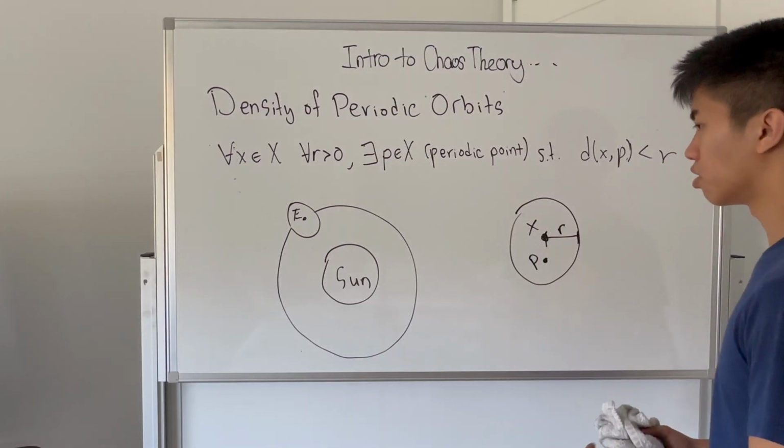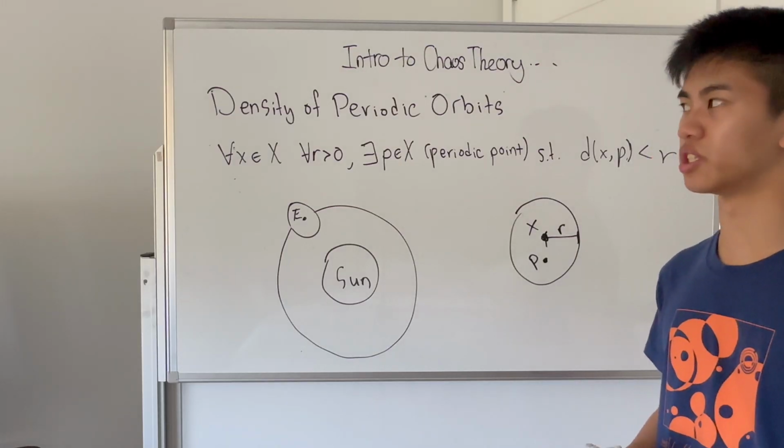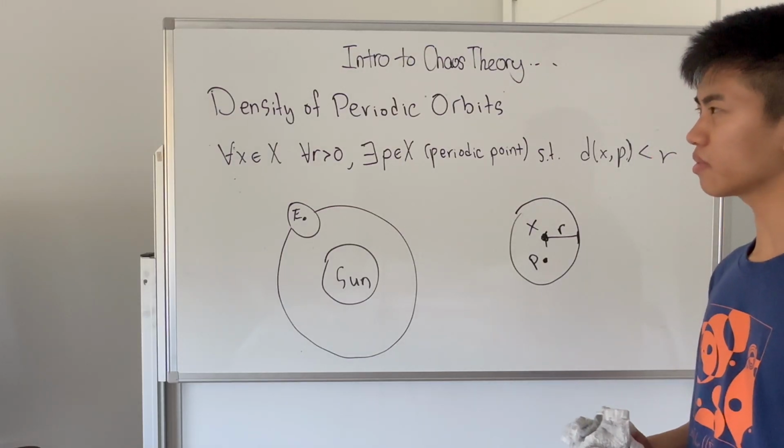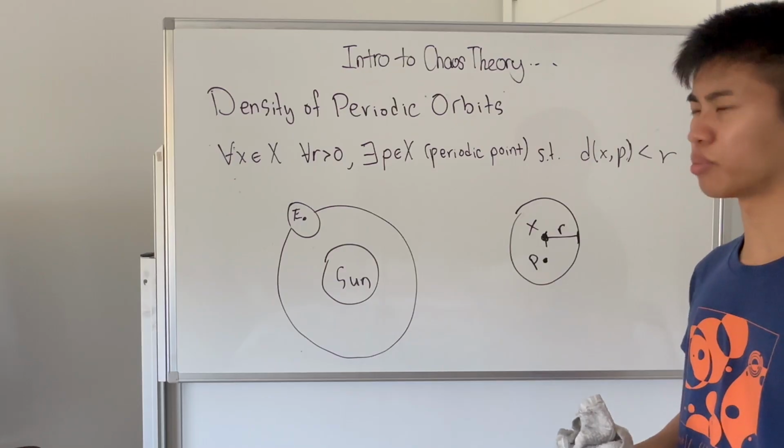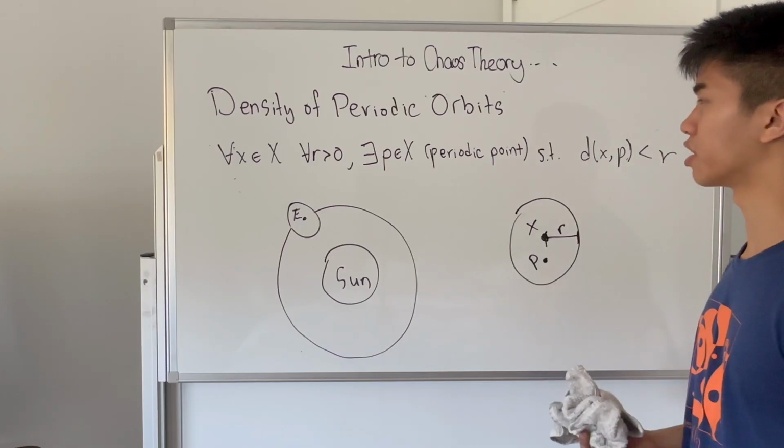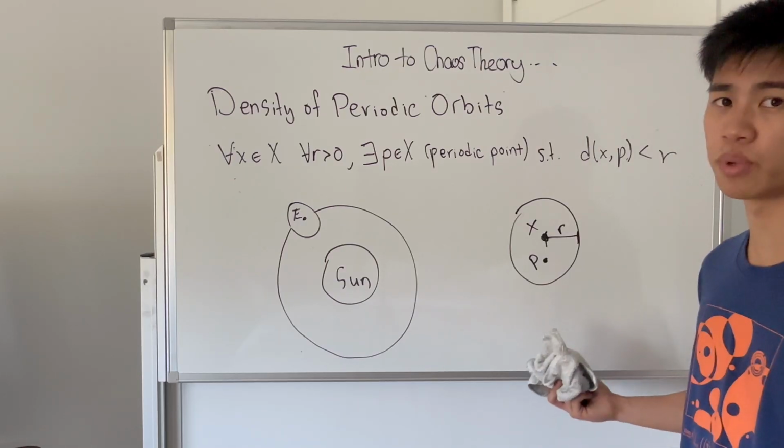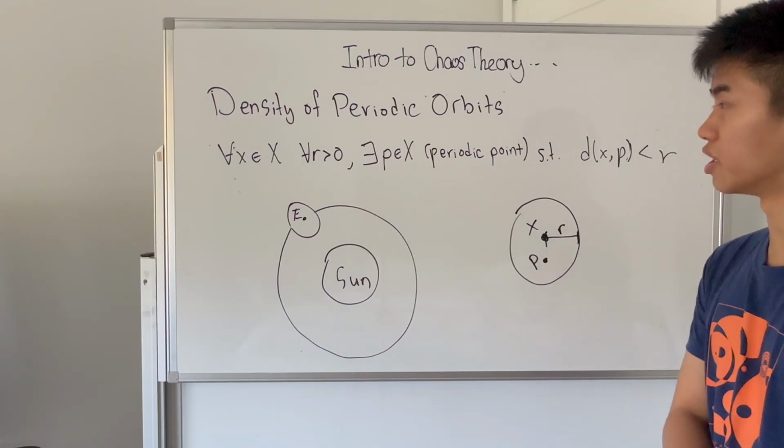So what does that mean? Well, it means that there's a lot of freaking periodic points in the system. I don't know if there's a deeper meaning to that, but anyways, that's the third mathematical condition. It means that there's a lot of periodic orbits present in a chaotic system.